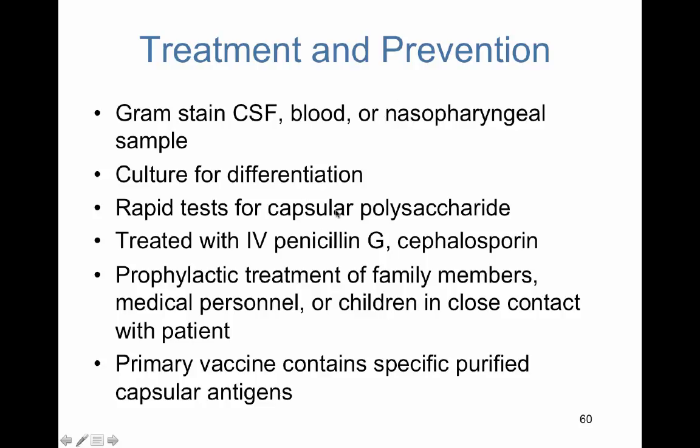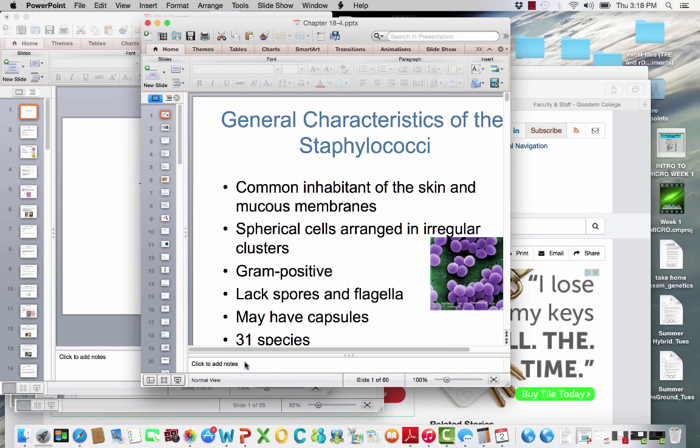Look for the capsule and treat these infections with penicillin or cephalosporin, and also treat family members, medical personnel, or children who have been in close contact with the patient. We do have a primary vaccine that is available for this type of infection. All right, so that completes chapter 18.